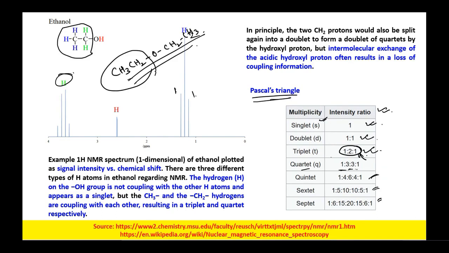However, there are two CH2 and two CH3 groups, so definitely you will not get this red peak system. You will get the blue and the green peaks, but these peaks will be somewhat broader in nature.